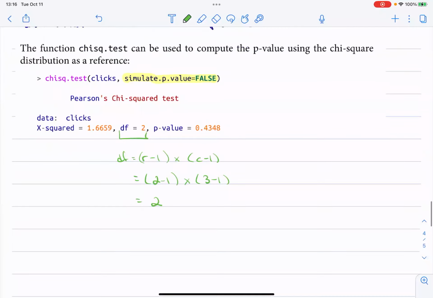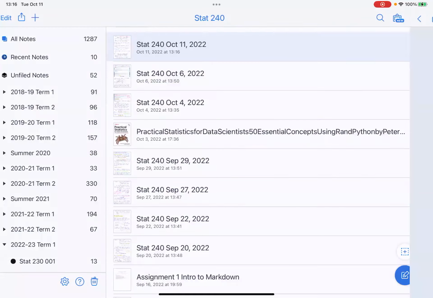And then we get this p-value here. So this is using this approximate chi-squared distribution, but this is how we would typically do it, right? We would find the test statistic, map it onto the chi-squared curve, which is a skewed distribution, but it changes a lot depending on how many degrees of freedom you have.